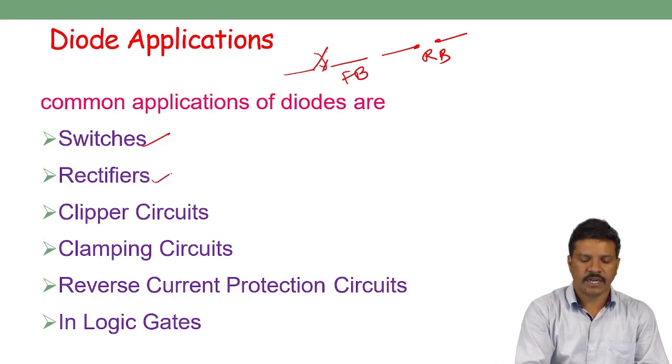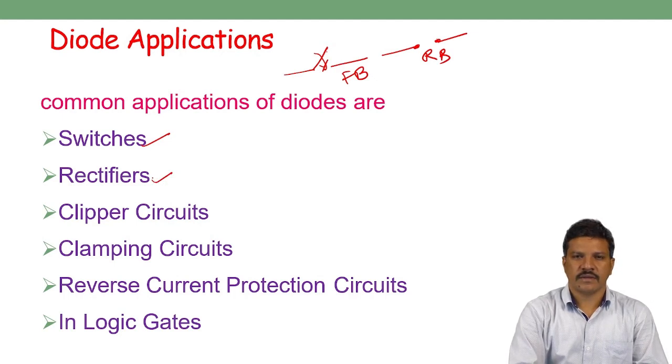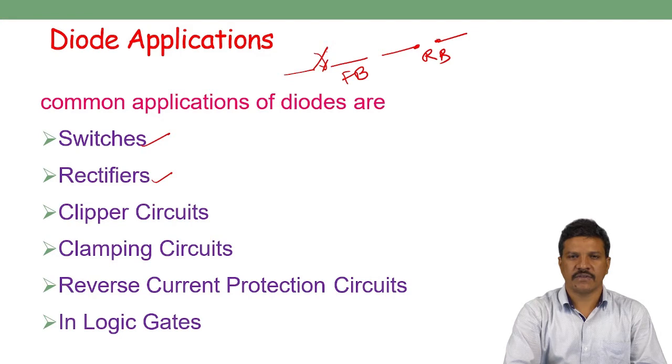And the next one is the rectifier. This is also one of the best applications for the diode, because the diode allows current only in one direction and suppresses it in the opposite direction.